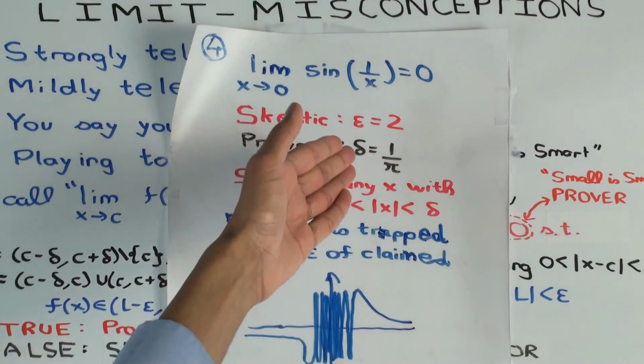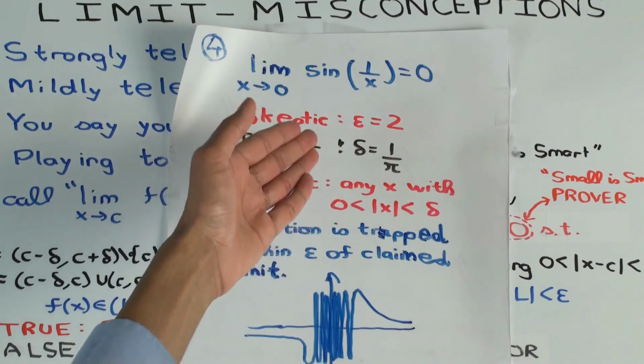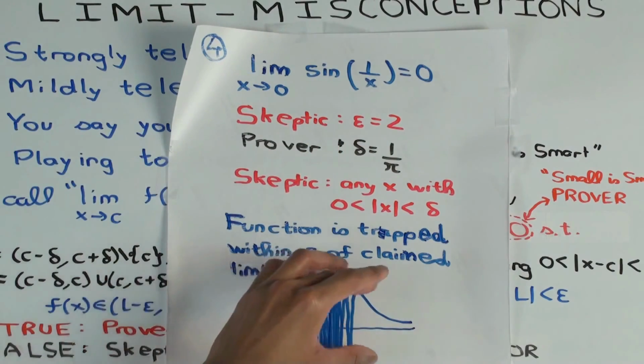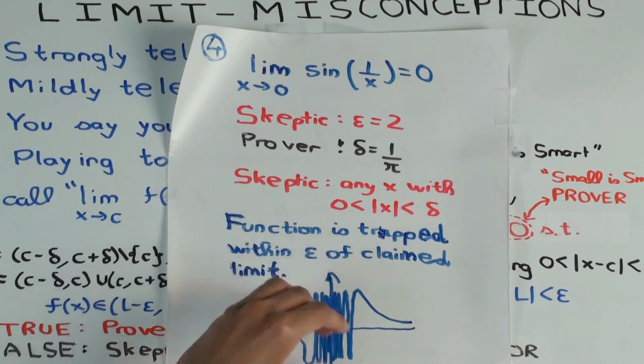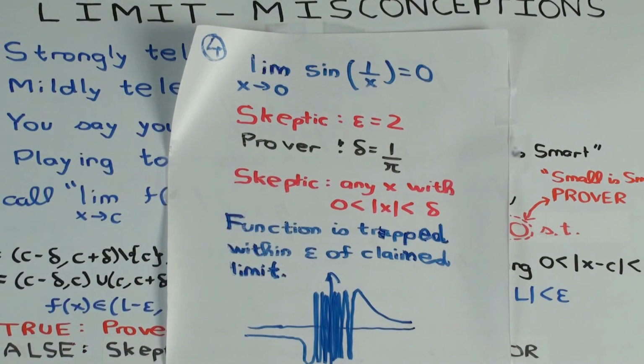And if in fact the skeptic had picked epsilon as 1 or something smaller than 1, then the 2 epsilon width strip would not cover the entire closed interval from -1 to 1. And then whatever the prover did, the skeptic could actually pick an x and show that it's not trapped.